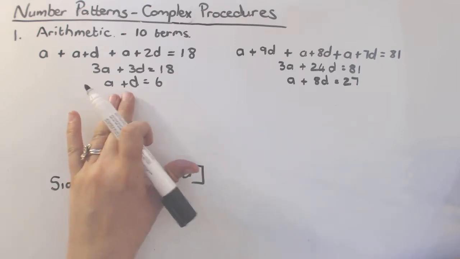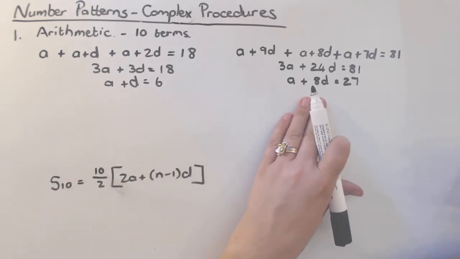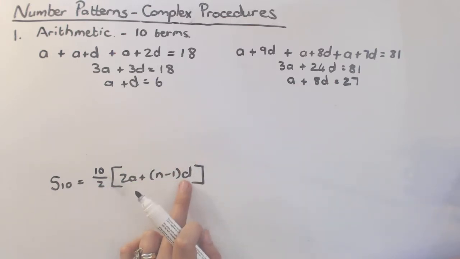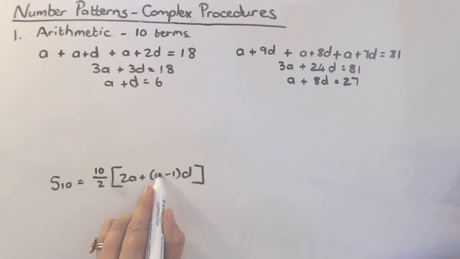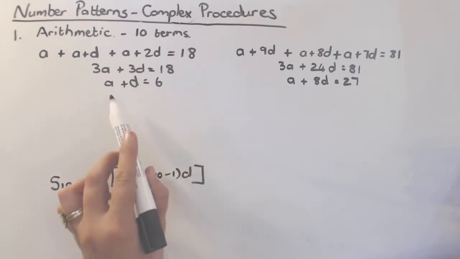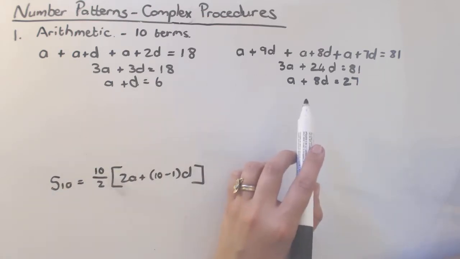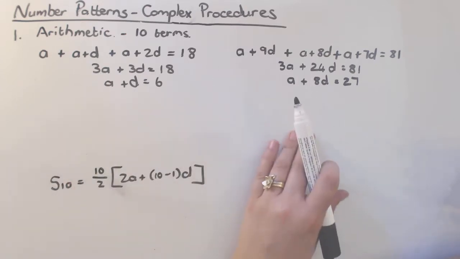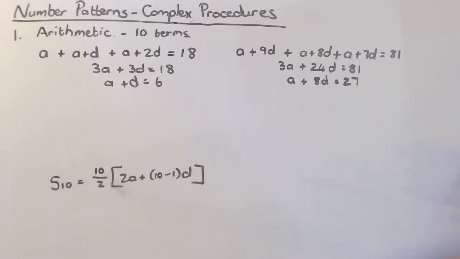81 divided by 3 is 27. Right, now I've got 2 equations here, and I want to find the a and d values so that I can work with them at the end. I've got 2 equations with an a and a d. Can you see clearly what I must do? I must solve simultaneously for these 2 equations.